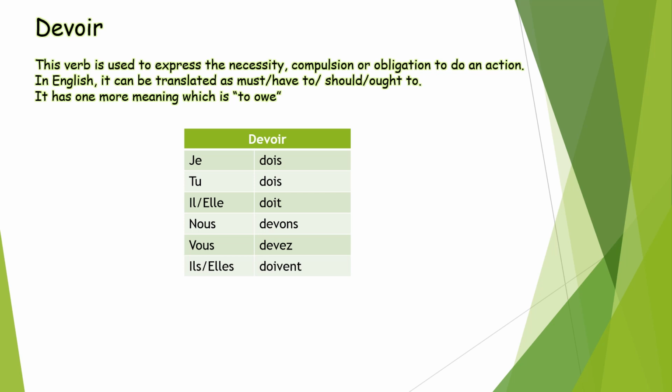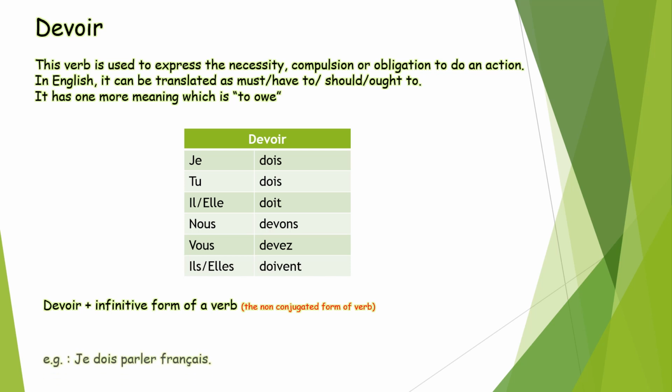Nous devons, vous devez, ils, elles doivent. Devoir plus infinitive form of verb, the non-conjugated form of verb. Example: Je dois parler français. I must speak French.